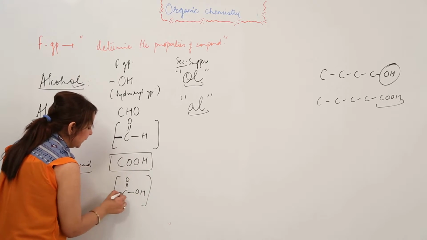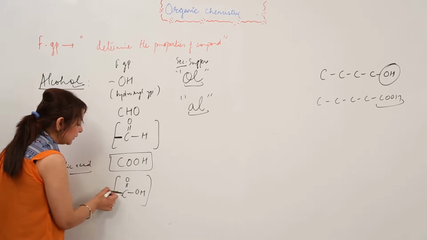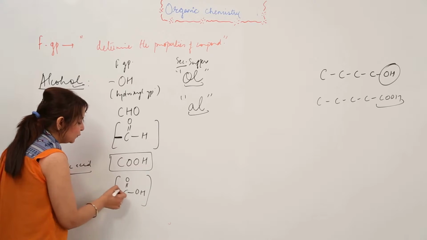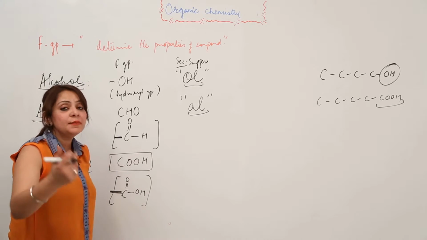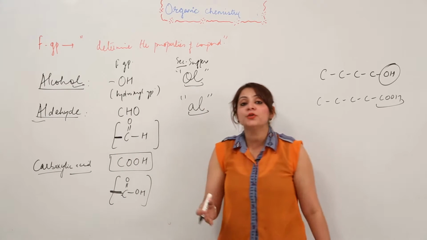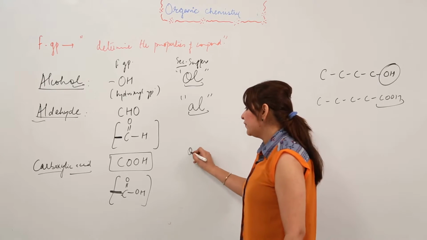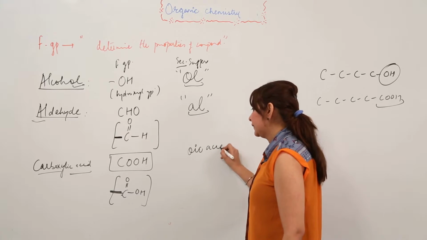Here, 3 valencies are already stabilized. Just 1 valency is unstabilized, that is why it is linking to some carbon atom of the chain. And now the question arises, how are you going to end the carboxylic acid name? It is definitely with the suffix oic acid.